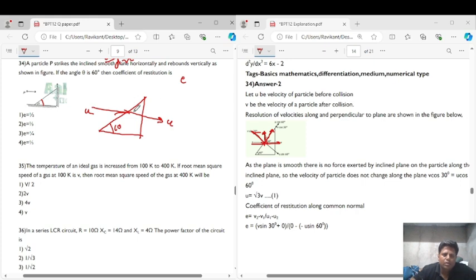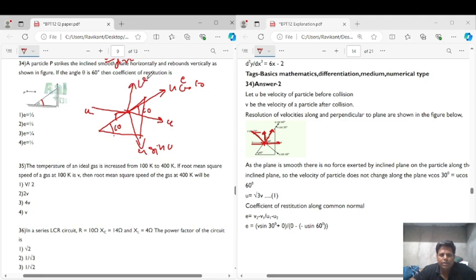Now if we resolve this u along the plane and perpendicular to the plane, right? If this angle is 60, this will be 60 by alternate angles. So this will become u cos 60 along the plane, and u sin 60 perpendicular to the plane. It is rebounding in this vertical direction.